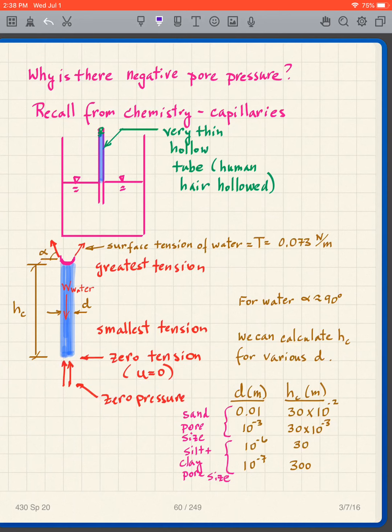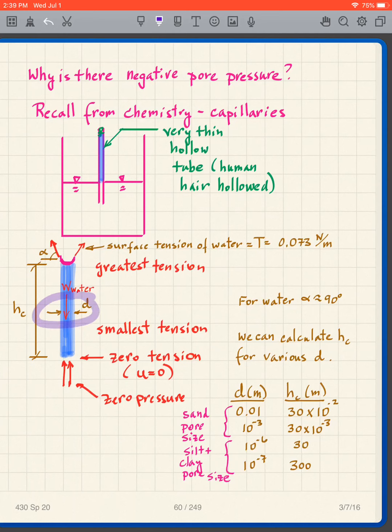But it's 90 degrees. So what do I see? I see that this surface tension is going to be equal to the weight of the water. And what happens is that the weight of that water depends on the diameter here.